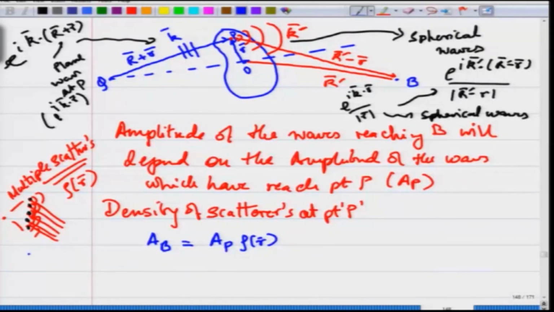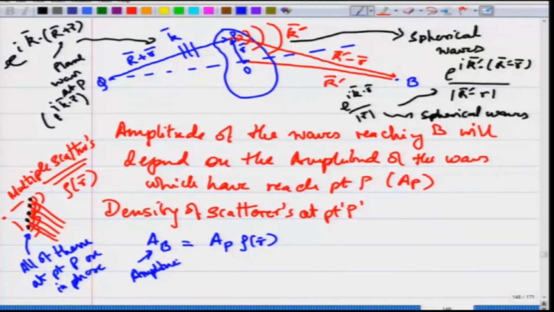I will consider all of them at point P to be in phase, namely they are scattering in phase, they are not out of phase. So, I will assume that in this small point P, if there is a large number of scatterers, all of them are roughly in phase, and so my amplitude at point B is determined by the amplitude reaching point P times the number of scatterers present at point P, given by the density.